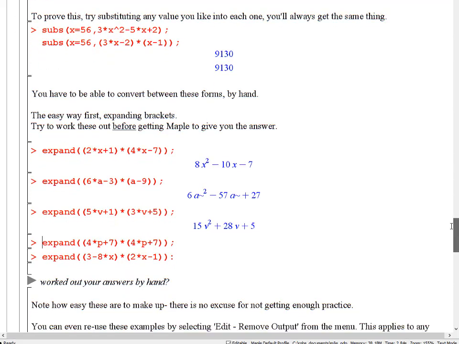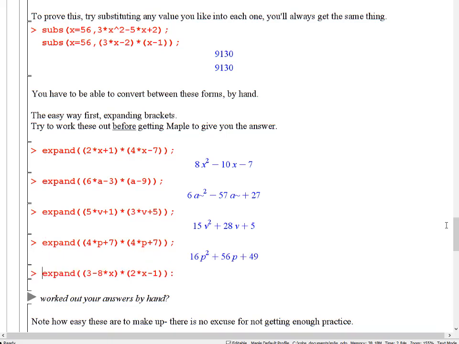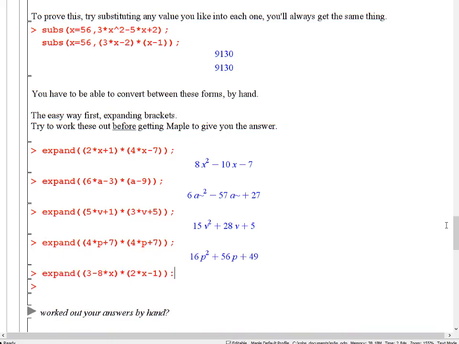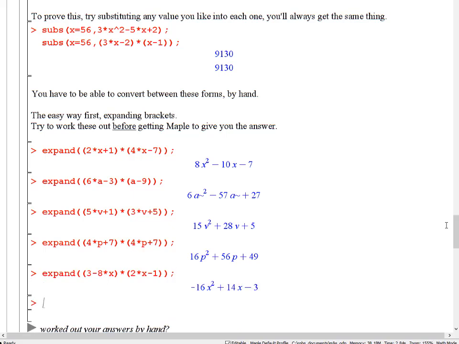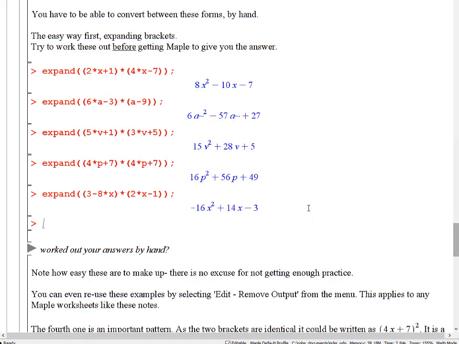So check that you can do these before I press that. If you have not done the next one, then please pause and do it, and then I'll press the answer. So the answer to this one is this, and then please try the next one, and the answer to this one is that. Okay, so you should be able to work out all these by hand.